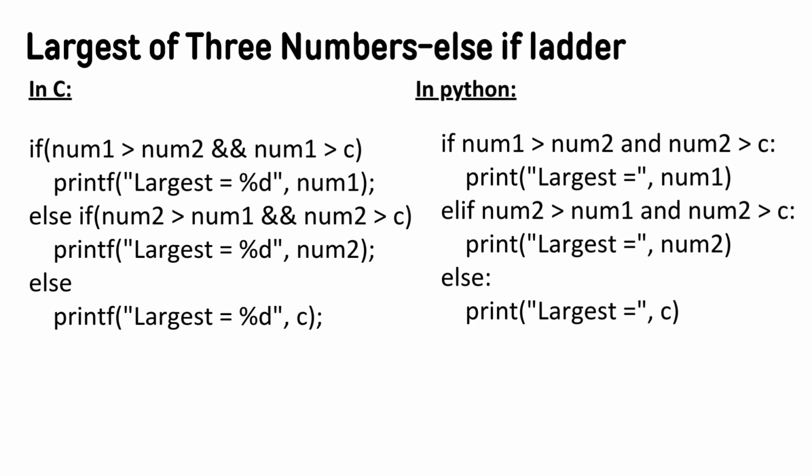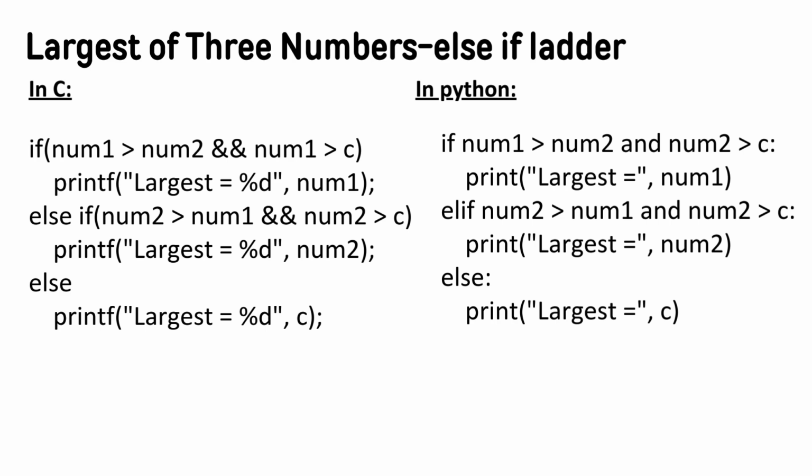If number one is greater than number two and number three, then we can say number one is the greatest. For number two, if number two is greater than number one and at a time number two is greater than number three, then we can say number two is the greatest. Otherwise, C is the greatest.